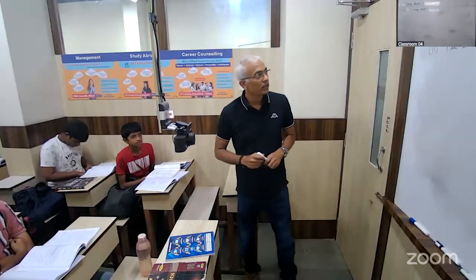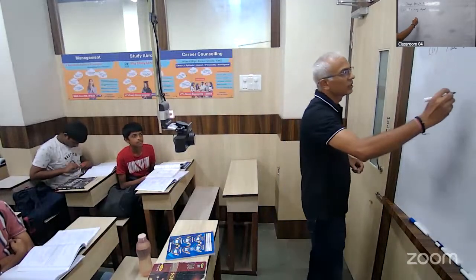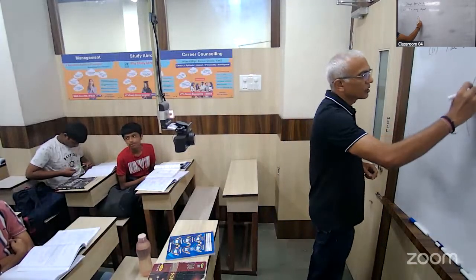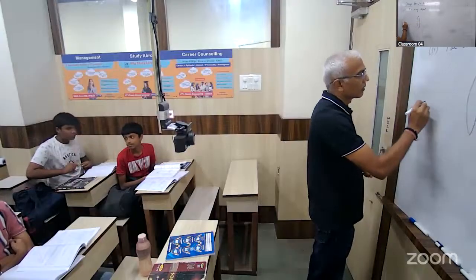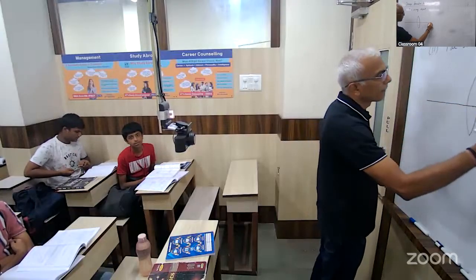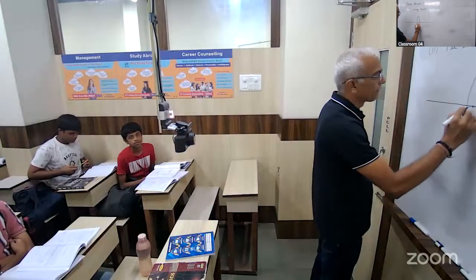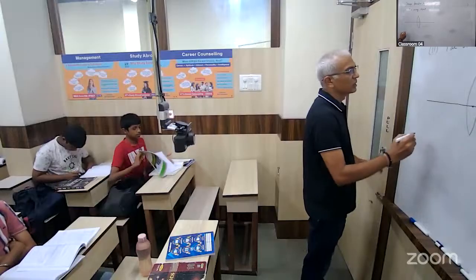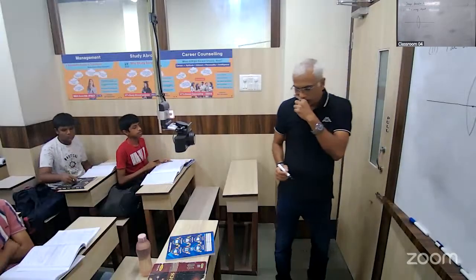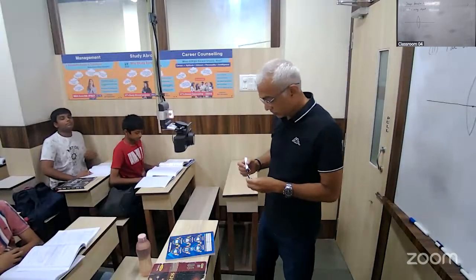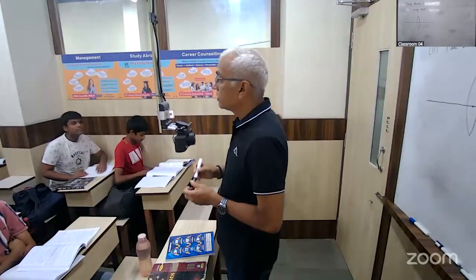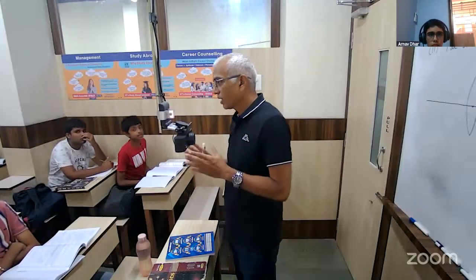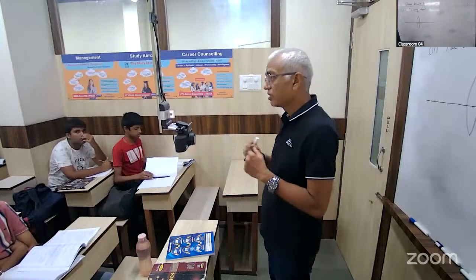Let's get back. So what is this? You have a convex lens here. So when the object is far away, right? What is the nature of incident rays? पैरेलल। They are parallel, but they are not parallel to principal axis.